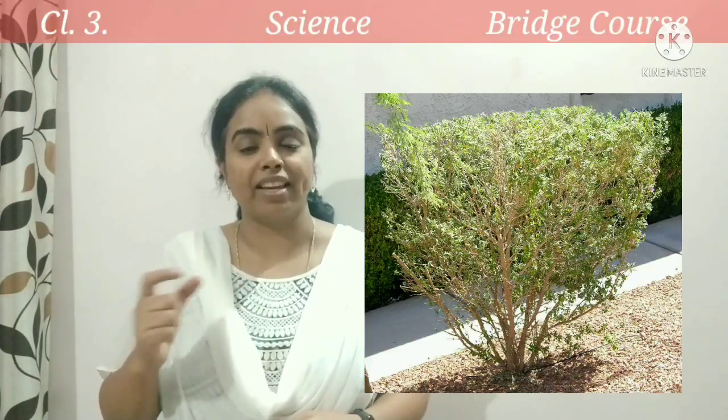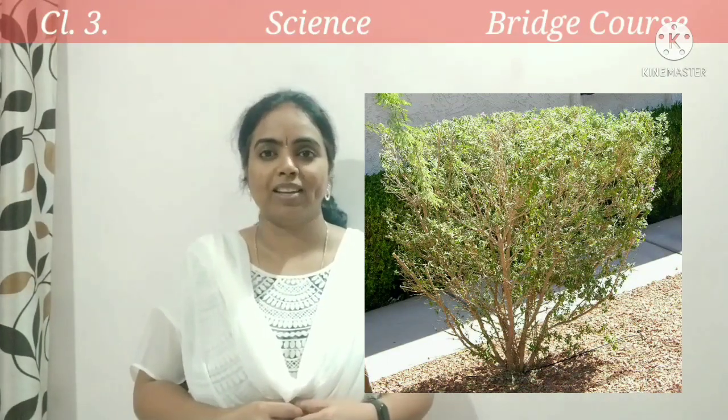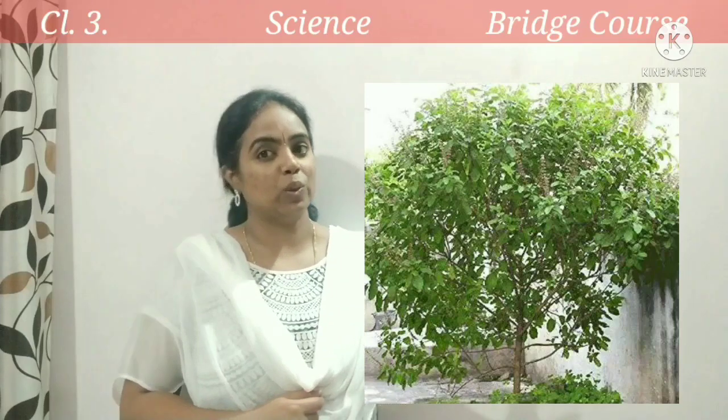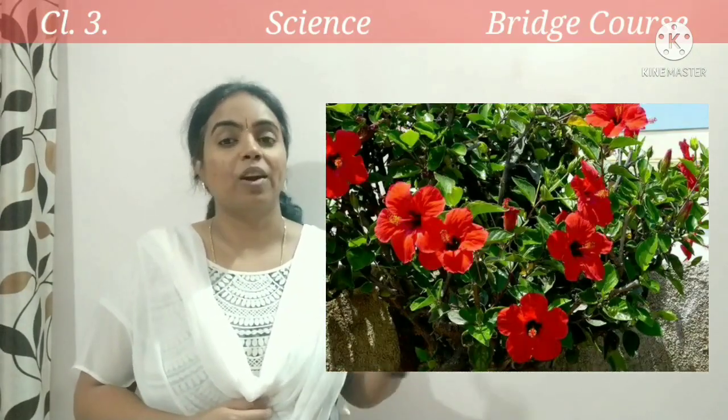Yes, the stem is hard and thin in shrubs. Remember this, children. Okay? So, can you think of some examples of shrubs? Yes. Henna, tulsi, hibiscus. Yes, children, all these are some of the common examples of shrubs.